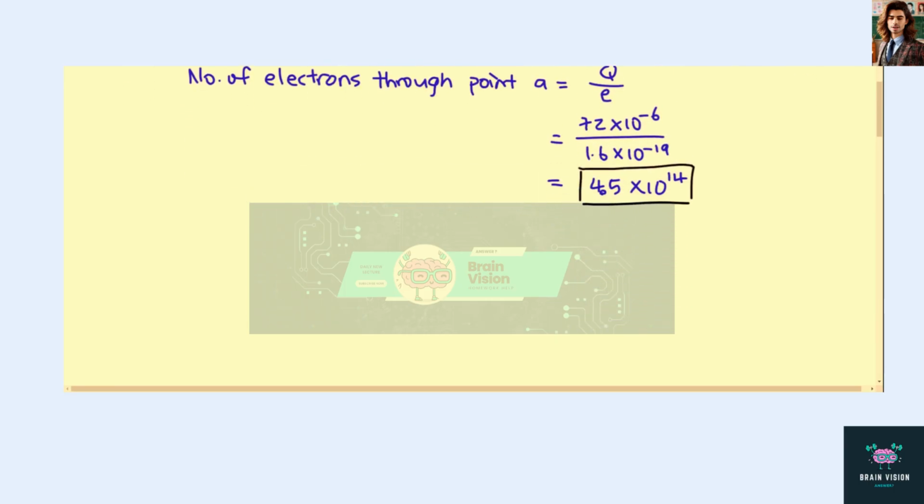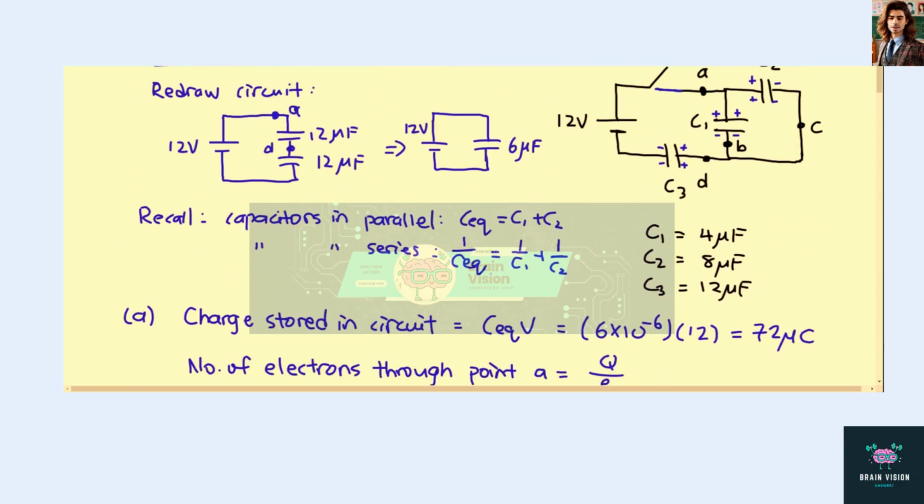Then points B and C. One thing we know is that the voltage across these capacitors is 6 volts, so V1 equals V2 equals 6 volts.